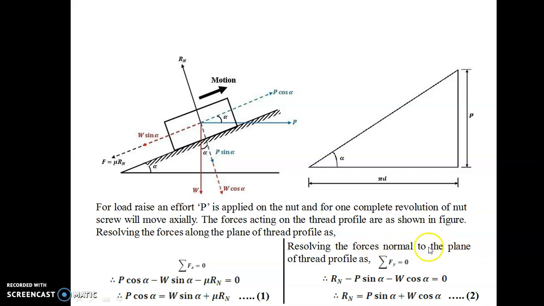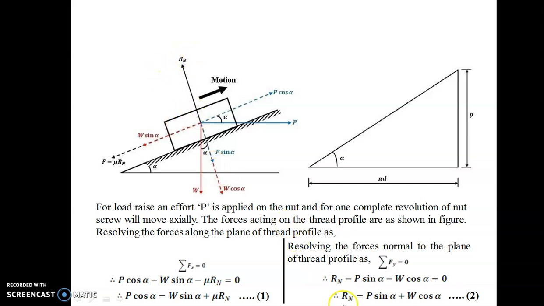Now, resolving the forces normal to the plane of a thread profile, in a vertical plane, summation Fy is equal to 0. In this case, upward forces will take positive and downward forces negative. So Rn is upward, so positive.